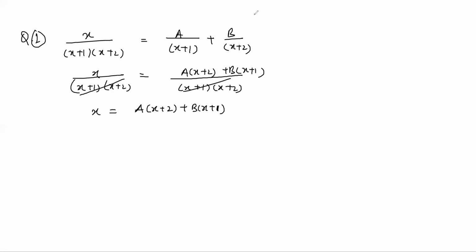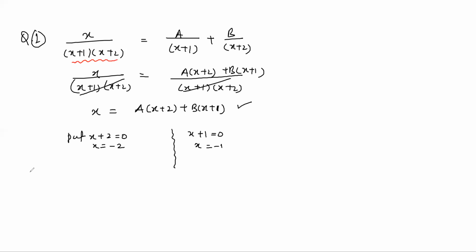Whenever you have simple brackets like this, the step after this is to put x plus 2 equals 0 and x plus 1 equals 0 to find the values of a and b. If x plus 2 is 0, x will be minus 2, and when x plus 1 is 0, x will be minus 1. So I'm putting these values of x in this part.